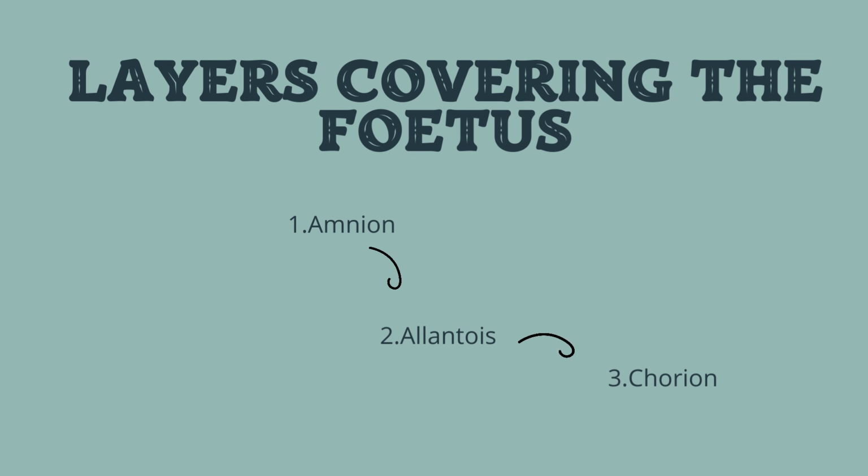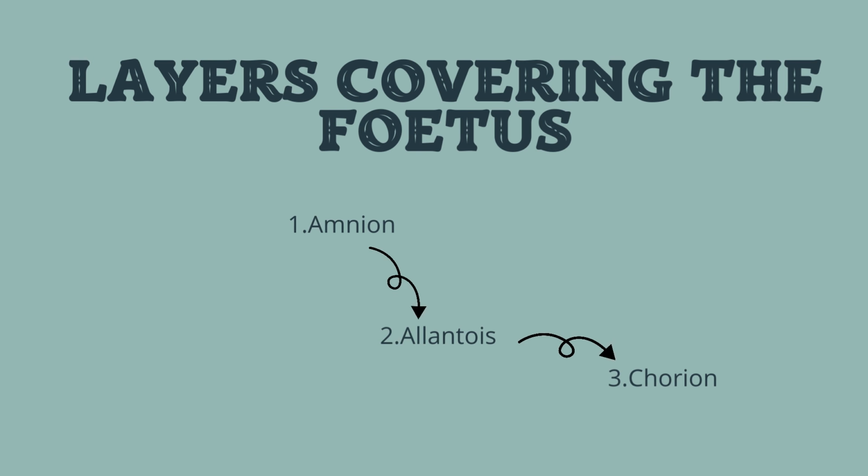Then we've got the allantois, which is the central layer. Now, this consists of two layers which form a closed sac, right? Now it is connected to the urachus that drains the urinary bladder of the fetus and joins the umbilical cord.